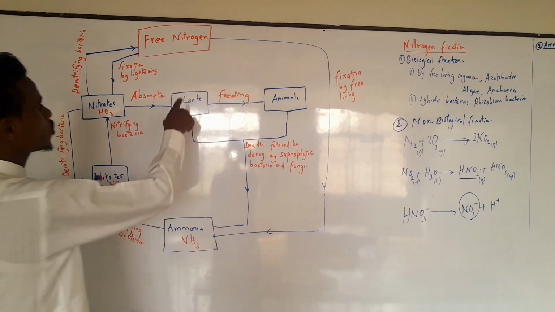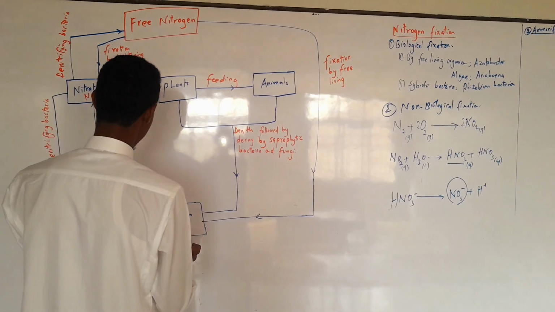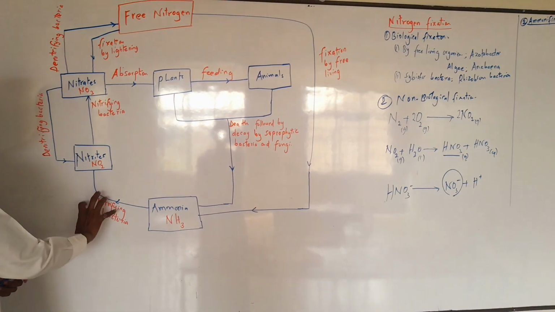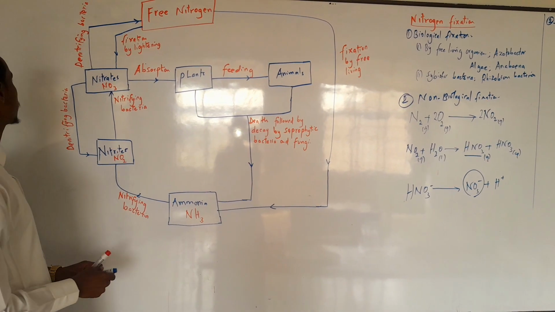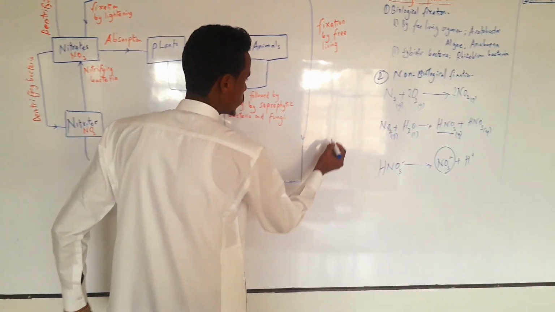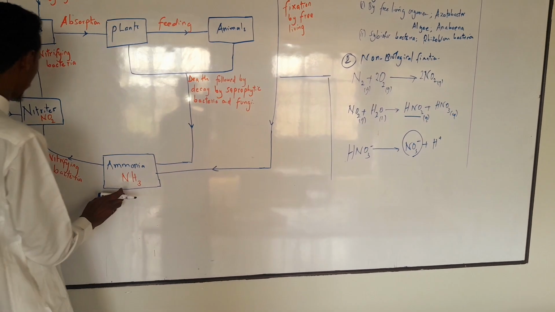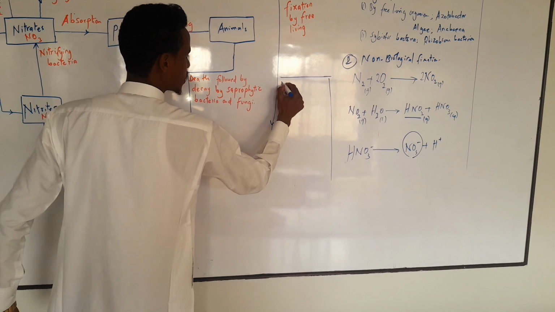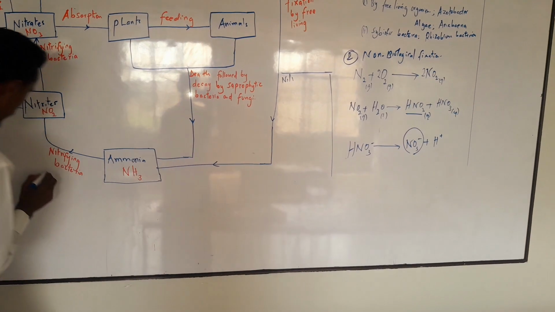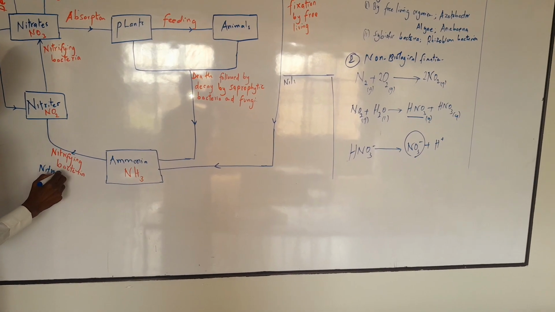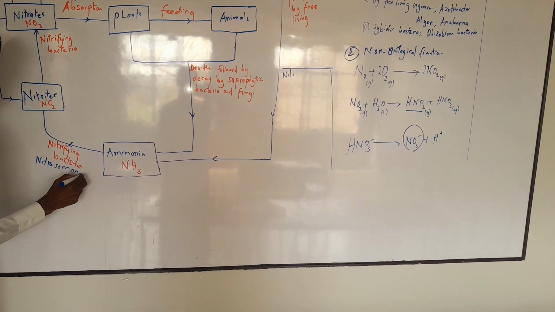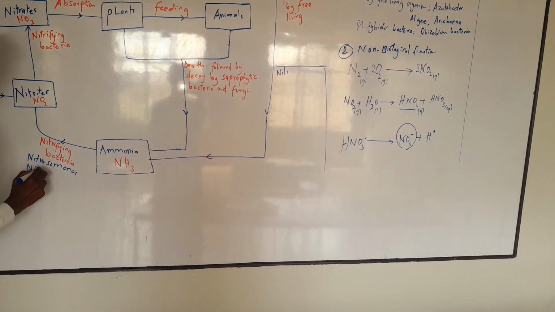Now, after nitrogen was converted to ammonia, it is acted upon by nitrifying bacteria. You have 2 nitrifying bacteria that change ammonia to nitrite. They are called nitrosomonas. We also have here nitrococcus.